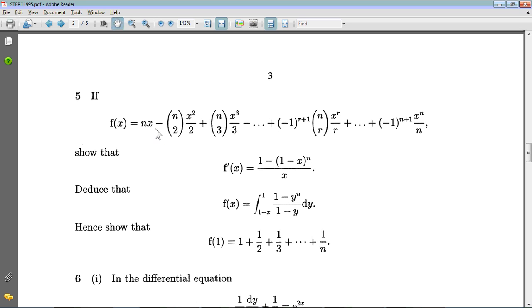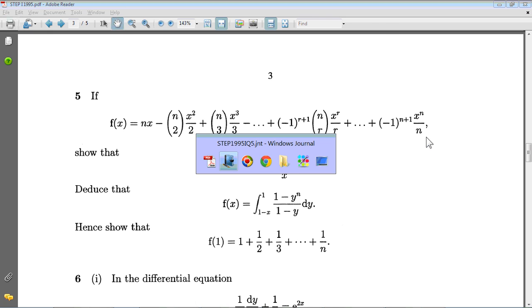I mean writing this sum of many terms, starting with nx and ending with minus 1 to the power n plus 1 times x to the n over n, in the form of a sigma or sum notation, and then differentiating it. So I will now show you that process.